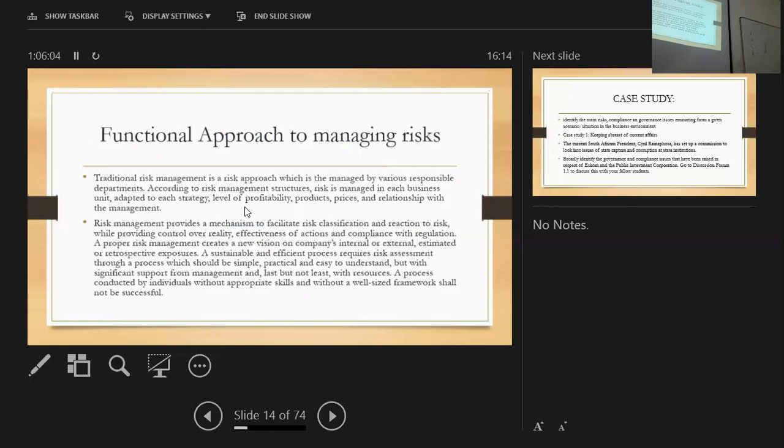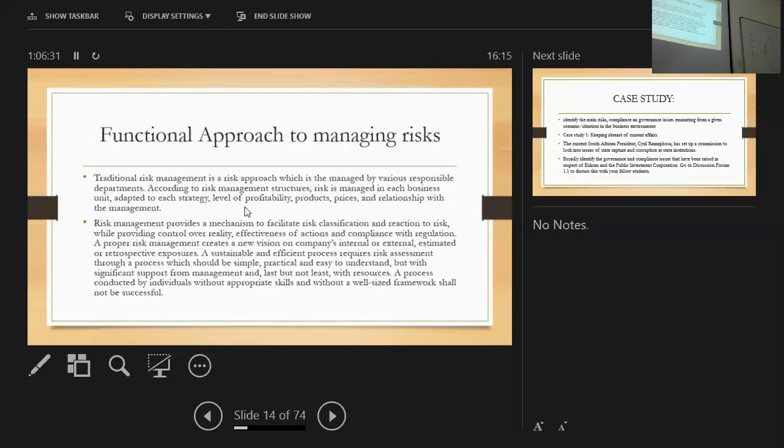Then we look at what is known as the functional approach to risk management, right? Because there is the traditional approach to managing risks, and then there is the new functional approach, right? Now, traditional risk management is a risk approach which is managed by various responsible departments according to risk management structures.